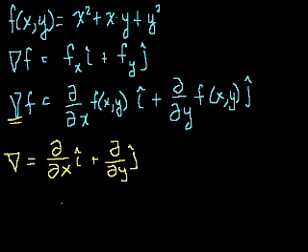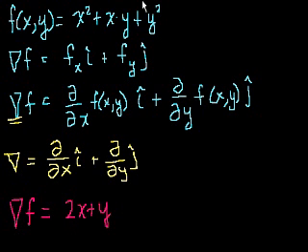But what does this mean? Before I go into what it means, let's actually calculate the gradient of f. So the gradient of our particular function is the partial with respect to x, which we figured out: that's 2x plus y.